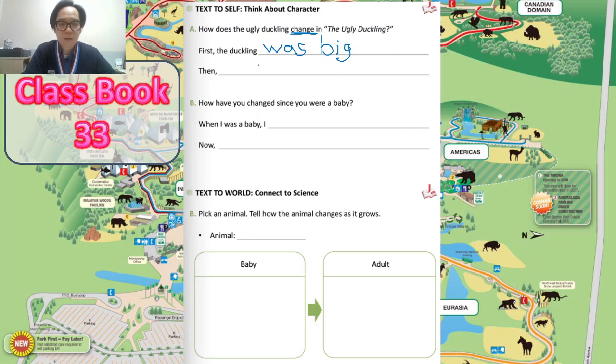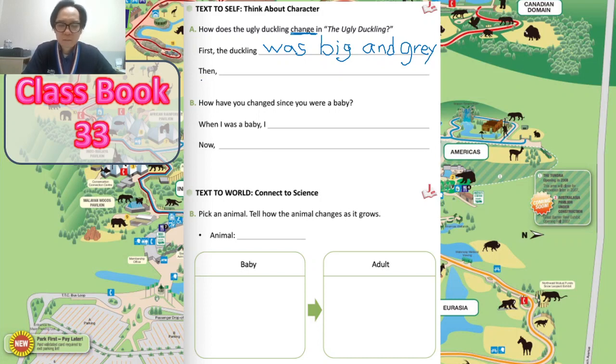First, the duckling was big and gray. How do we spell gray? G-r-a-y. There we go. Gray. Awesome. What's this word?